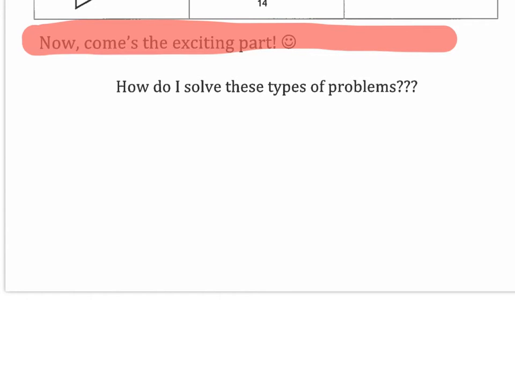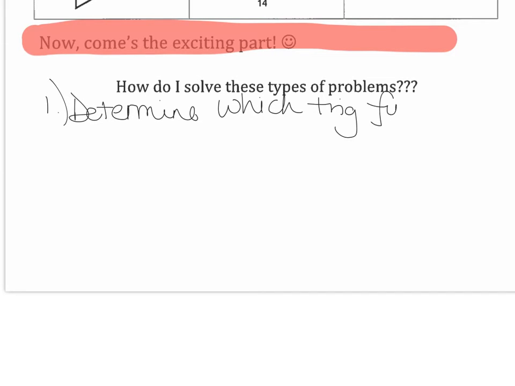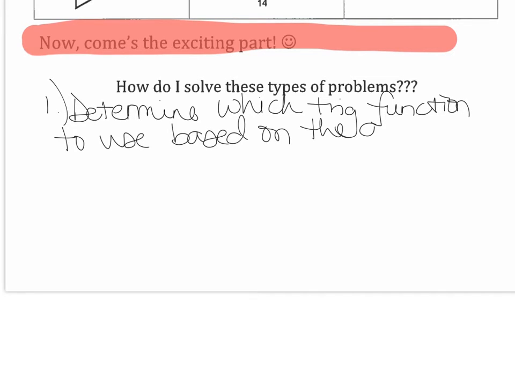I have 3 steps. Step 1, determine which trig function to use based on the given information.